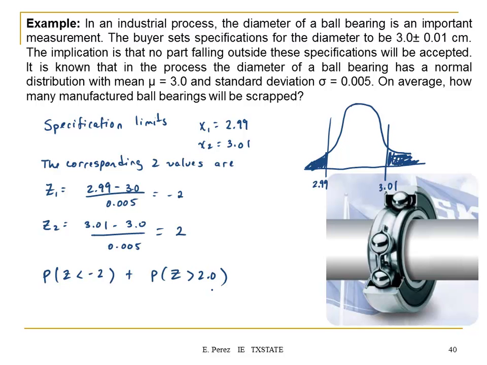So this is 0.0228 and this is 0.0228. So this equals 0.0456. And again, to find this probability, you need to look at the complement: 1 minus the probability of Z being less than 2.0.